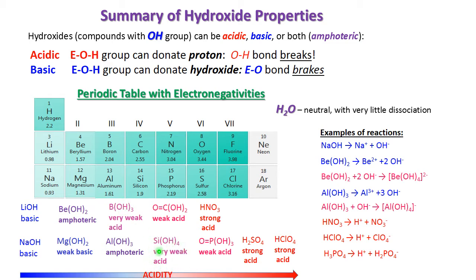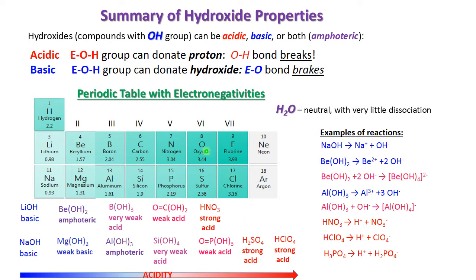Practically no acidity in both of these cases. Going further to nitrogen, electronegativity is even higher, and nitric acid is a strong acid. Now phosphorus has much lower electronegativity, and phosphoric acid is a weak acid. It's only one terminal oxygen here.